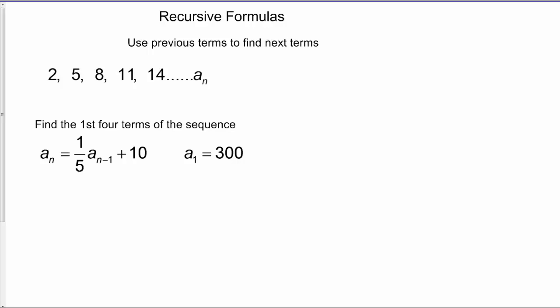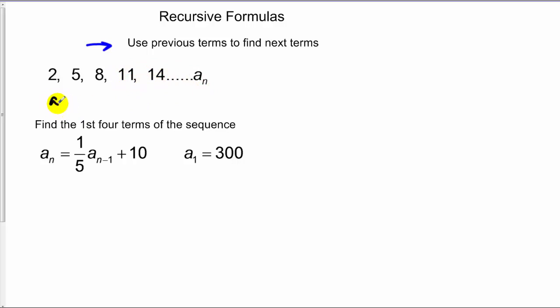Recursive formulas are much different than explicit formulas in that they use previous terms to generate the next term in the sequence. So you'll notice here's a sequence of 2, 5, 8. There's a pattern of adding 3 to my previous term to get the next term. And in essence, that's really all we need to do.